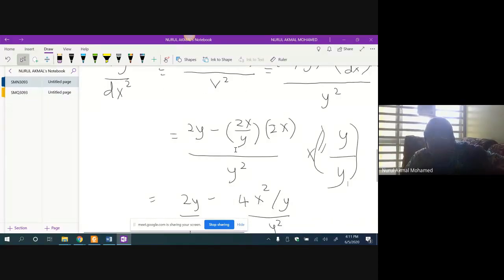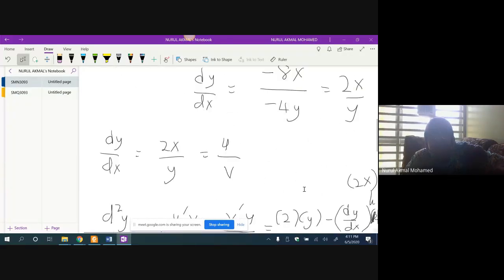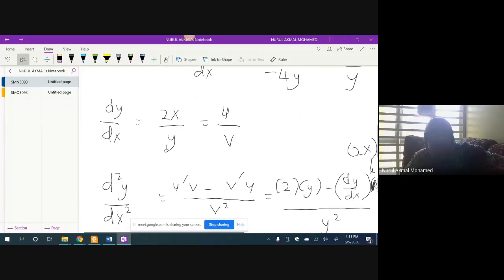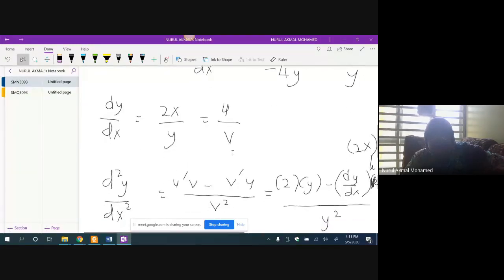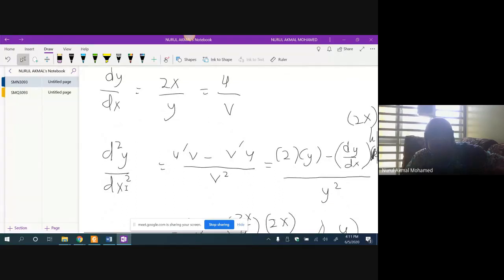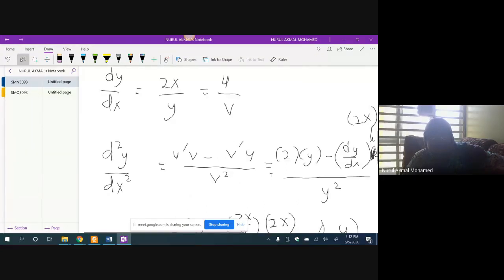Wait, 2y. Is this one correct or not? 2x divided by y is correct, right? And then we have dy dx equal to 2x divided by y, equal to u divided by v. And then you have d squared y dx squared equal to u prime v minus v prime u divided by v squared.